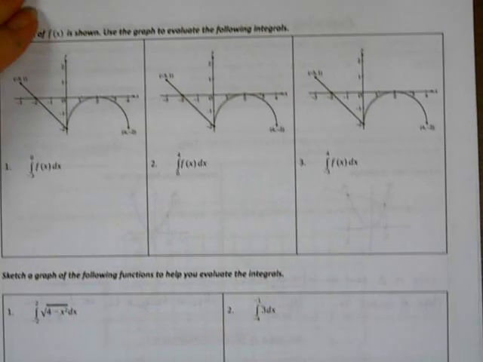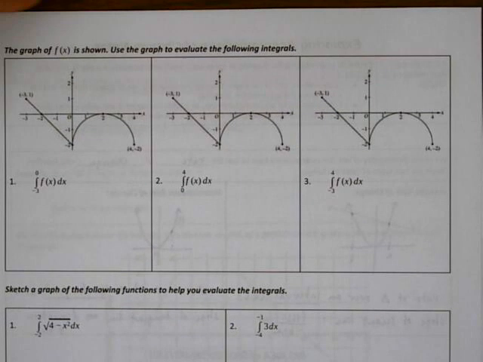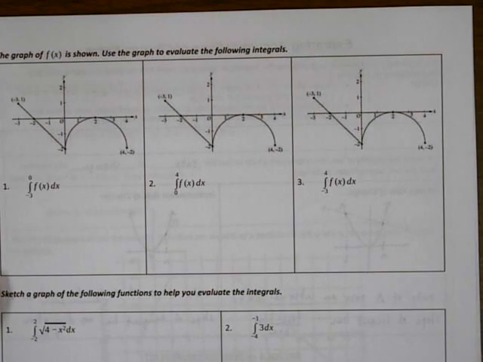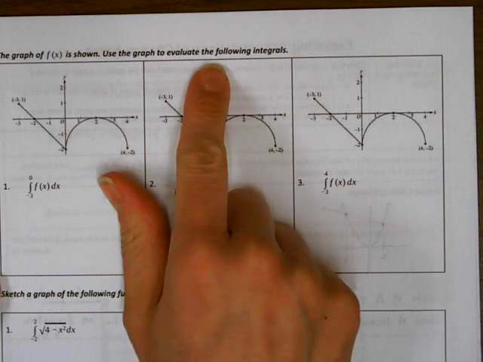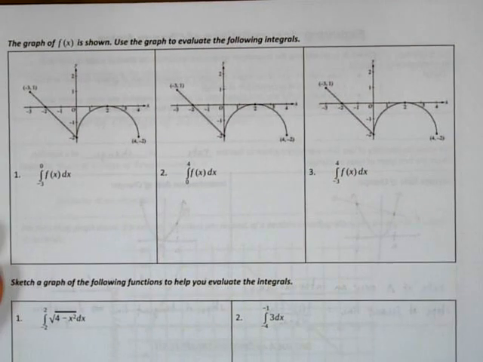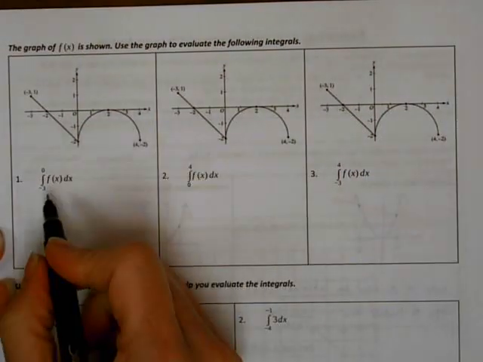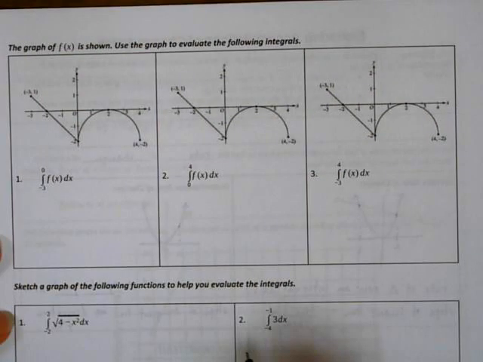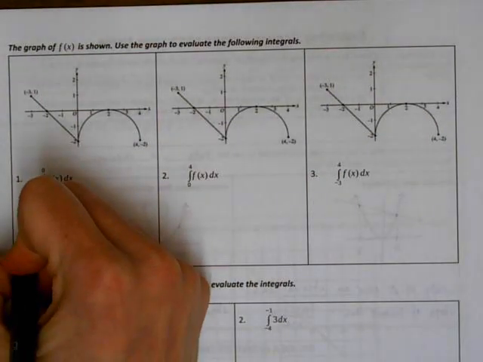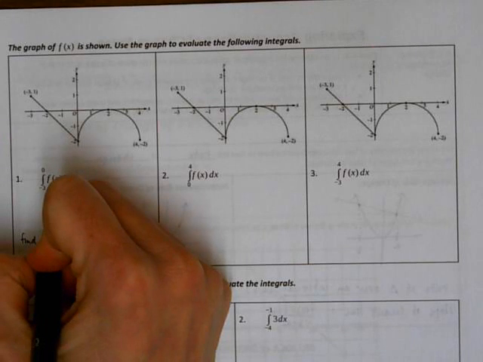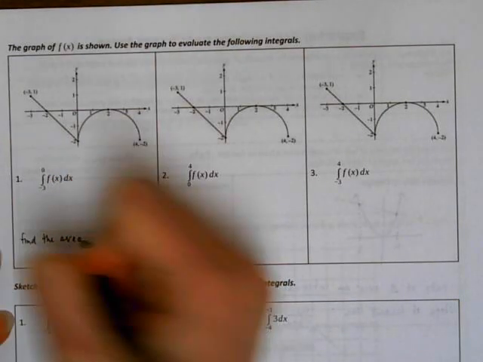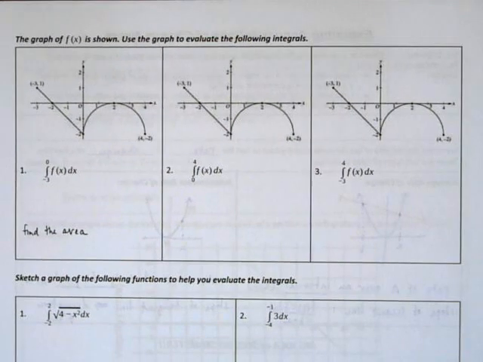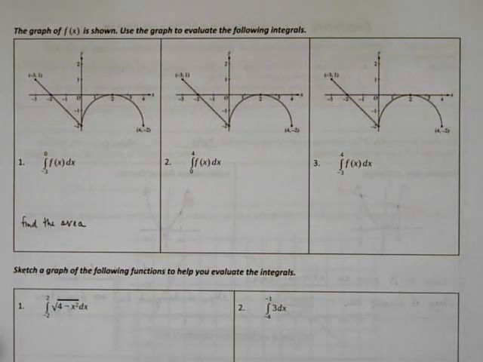Alright. So at the top here it says the graph of f of x is shown, so I have a function f of x, and we want to use the graph to evaluate each of these integrals. So when I see this notation, what it's telling me is to find the area, and we won't write this out every time, but I want to make sure we're really clear on what that notation is asking for.